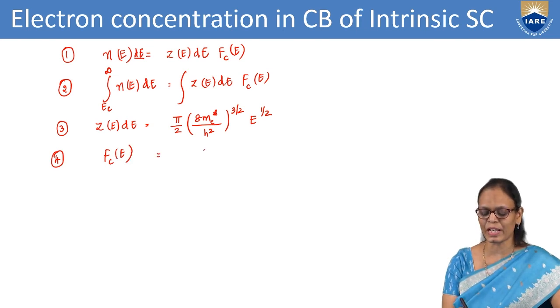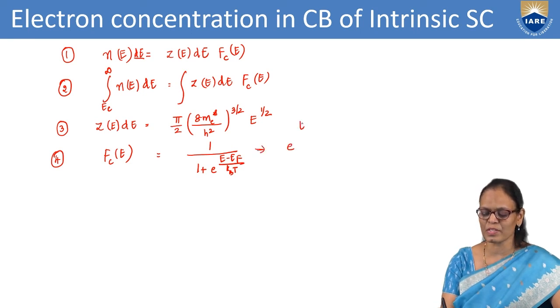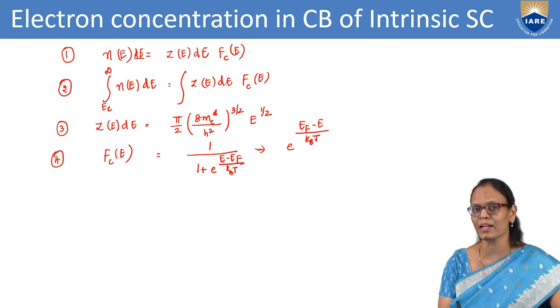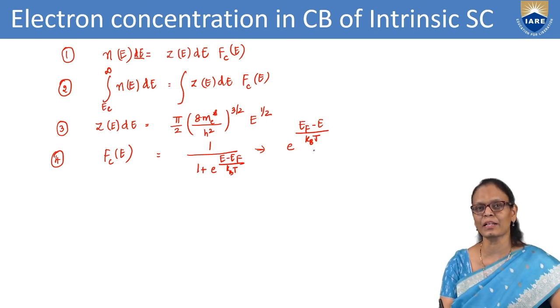So FC(E) is given by 1 upon 1 plus e power E minus EF by kBT. Simplifying, by neglecting 1, because the value of E is very large, and taking it to the numerator, the signs change, so e power EF minus E by kBT.